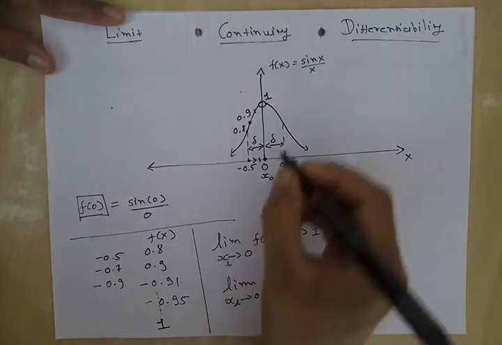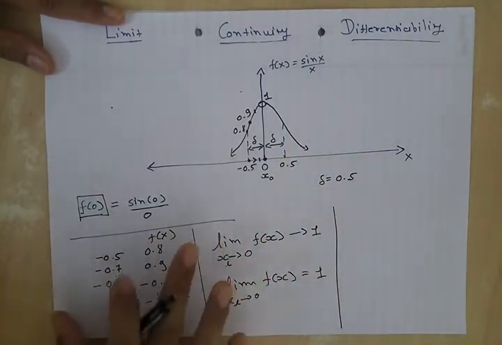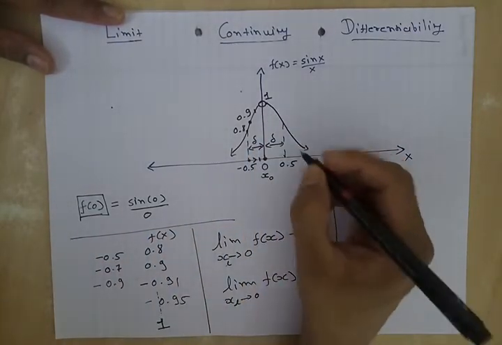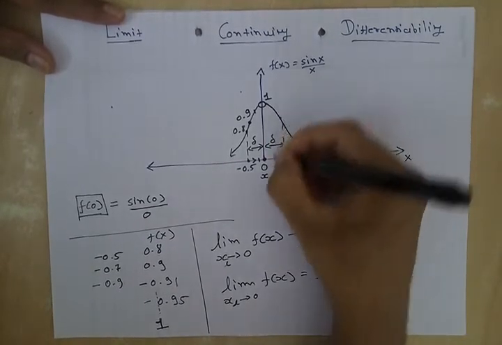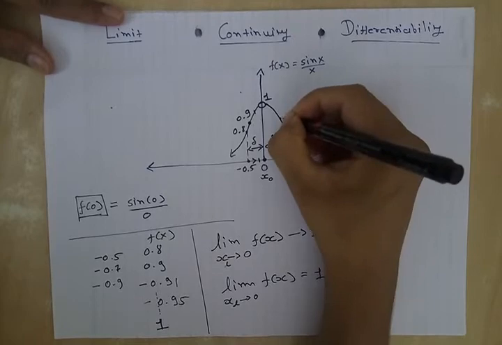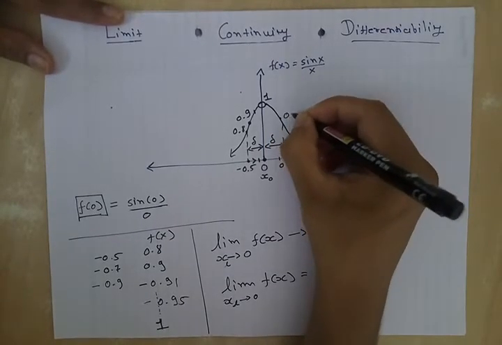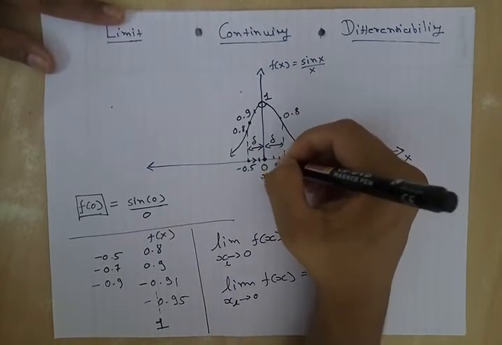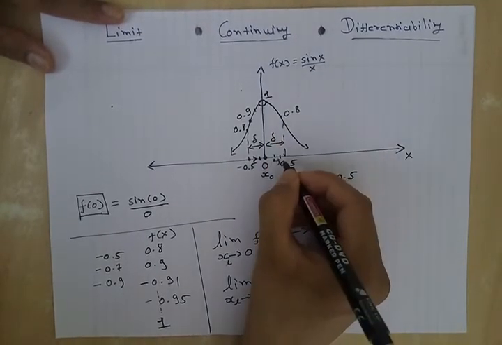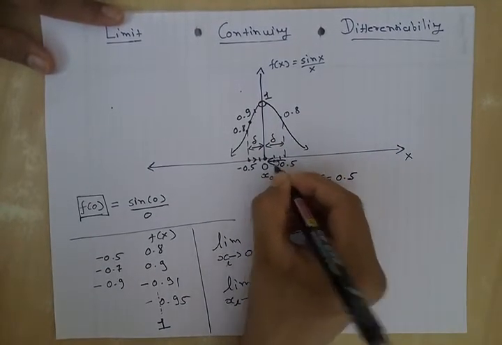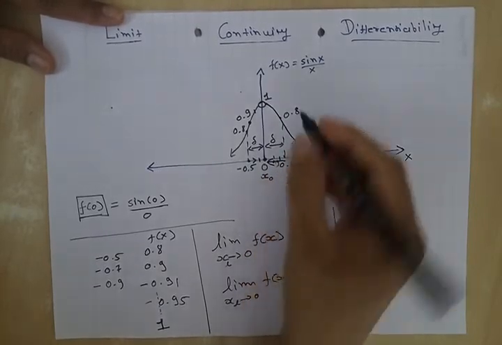Now in a similar way we can do this process for finding the right hand side limit. So we can take 0.7, then we will get the value 0.8, similarly 0.9, and thus we can approach this particular point 0.